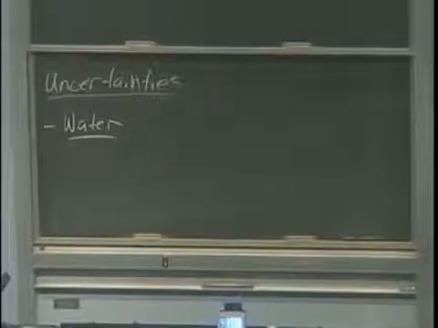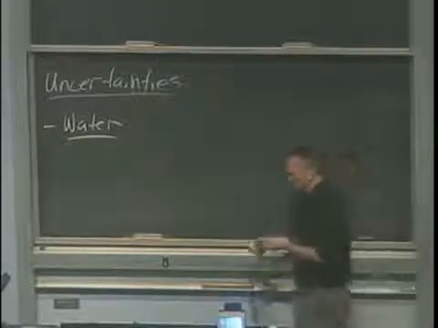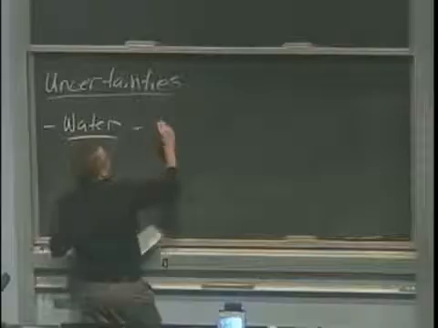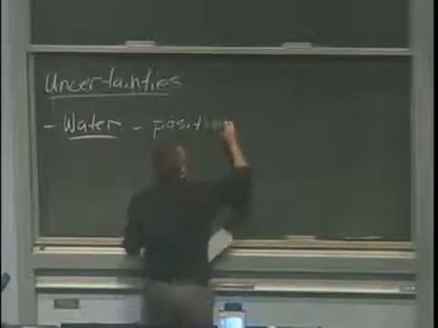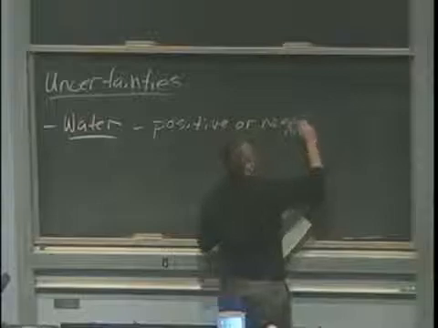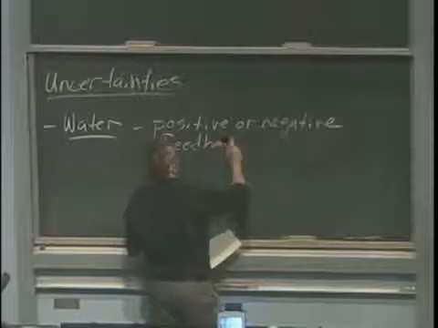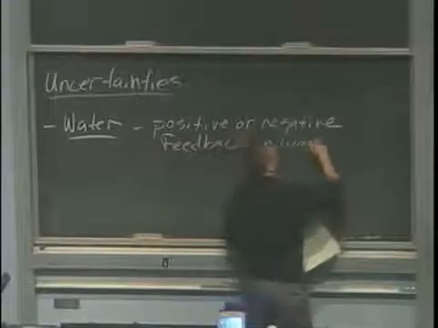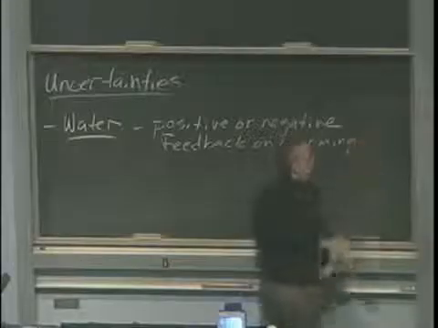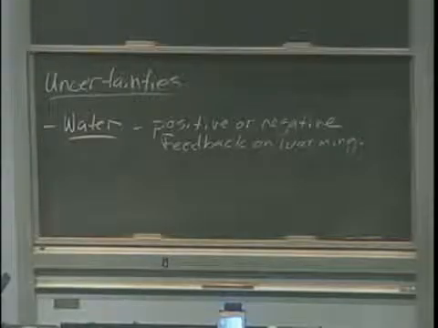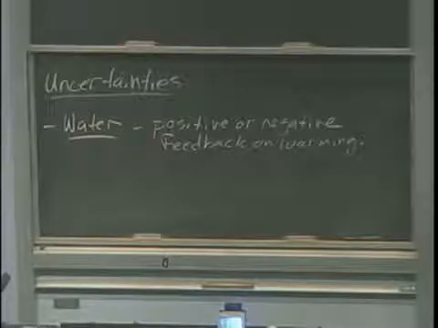So water, of course, is a natural greenhouse gas. It's the dominant greenhouse gas in terms of warming the Earth's atmosphere. But water can have a positive or negative feedback. And whether this is going to be a positive or negative feedback is kind of selectively chosen by your political intentions, I would say.